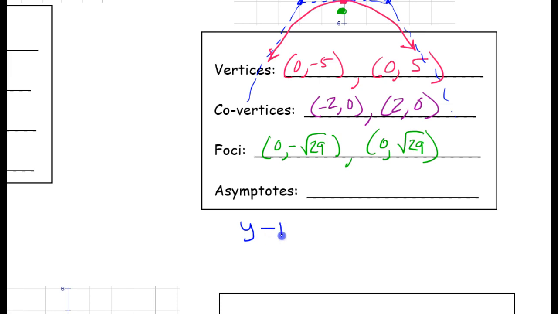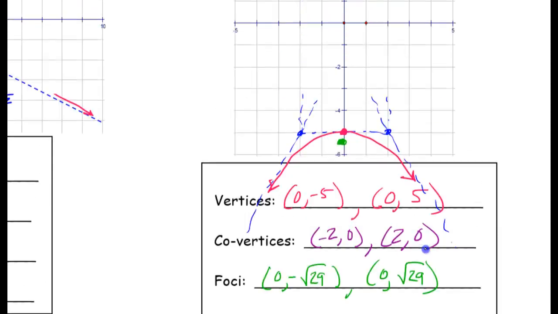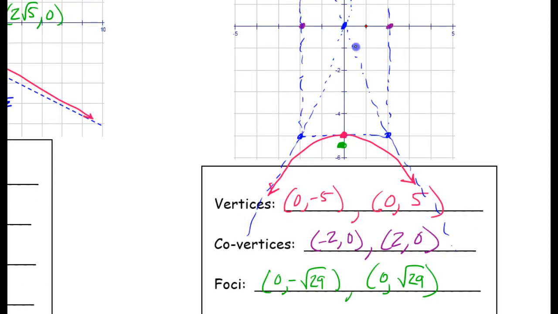So I will put y minus k is equal to plus or minus m times x minus h, where the h and k are the center, like always, and m represents the slope of the asymptote. So in this particular problem, the center is 0, 0.